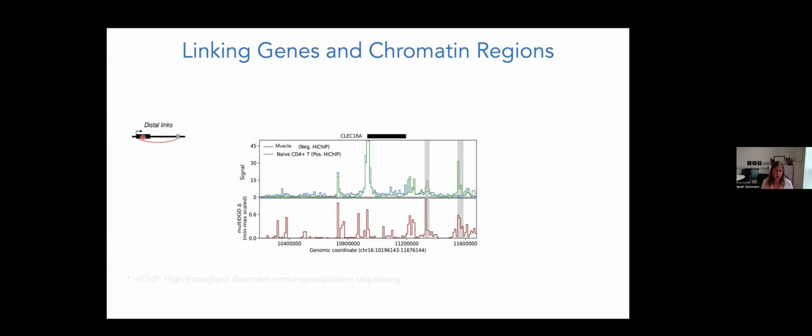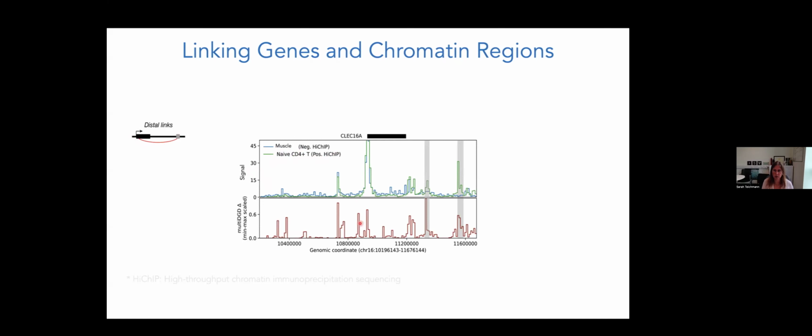That can be interrogated experimentally with things like Hi-C or HiChIP. The reference data that we use here is, I think, from ENCODE. It's a data set on T helper cells, so CD4 T cells with HiChIP, that tells us about the connection between promoters and distal enhancers in the experimental CD4 T cell data.